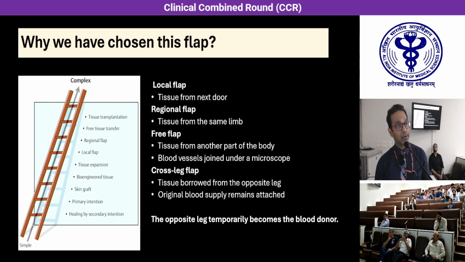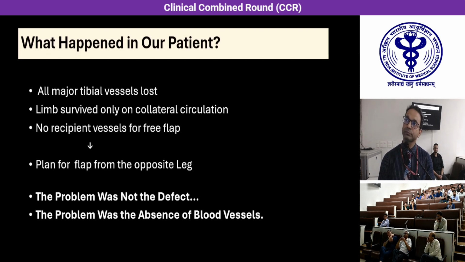What we did is take tissue from the opposite side leg and put it over the wound. Here all the major tibial vessels are gone. The limb is only surviving with collateral circulation, so we don't have any free tissue transfer. So we take a flap from the opposite leg.